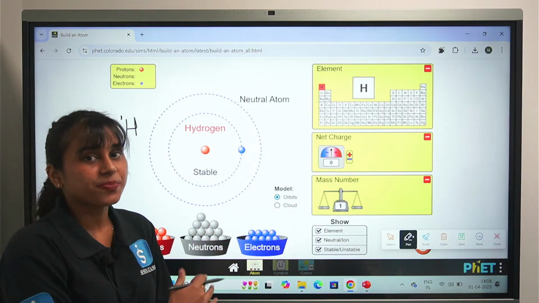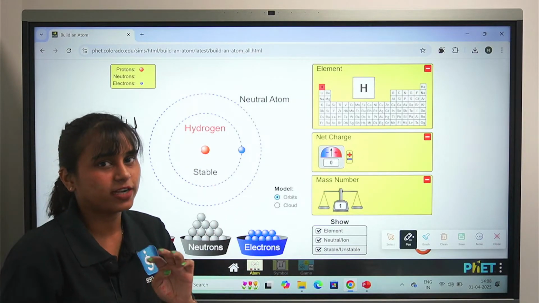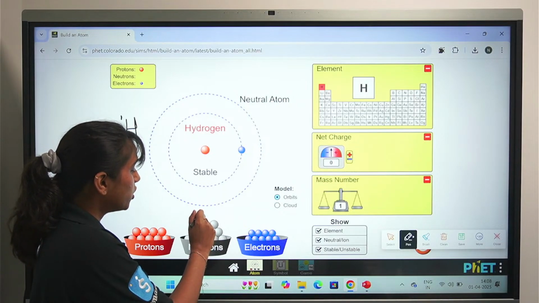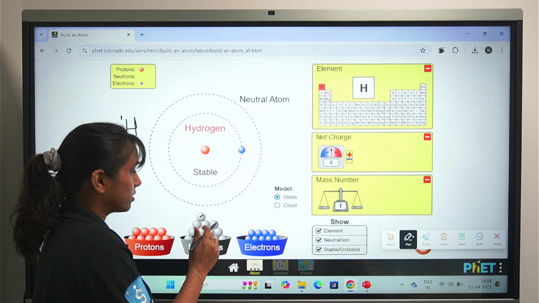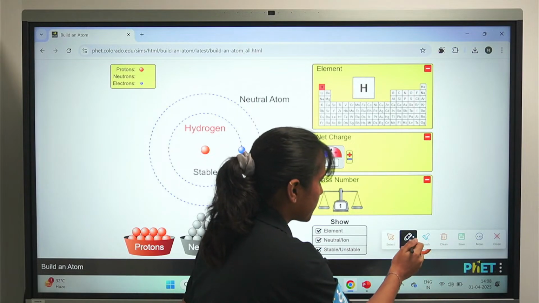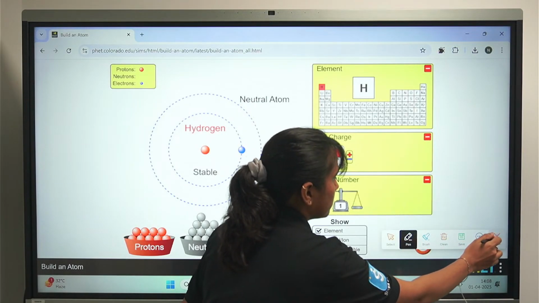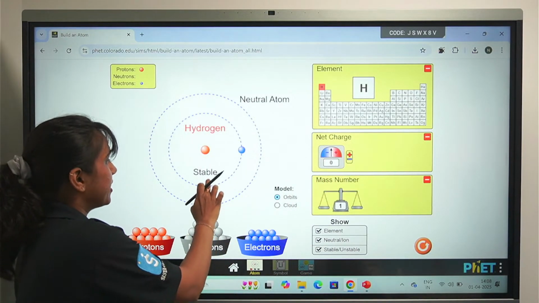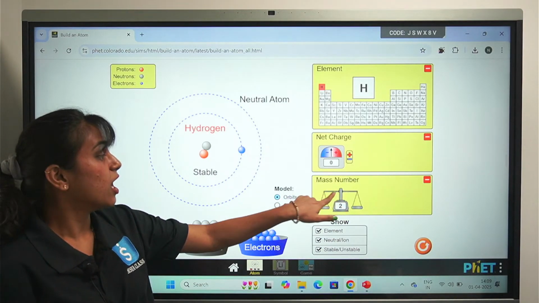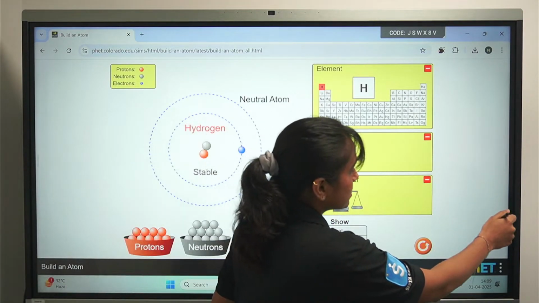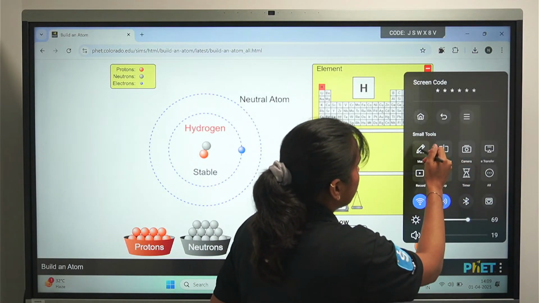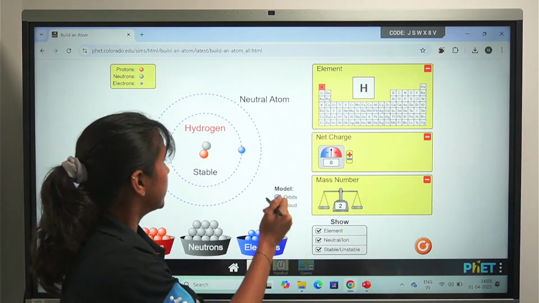Now let's say there are 3 isotopes of hydrogen. Let's say I am adding 1 neutron. Now the mass number becomes 2, isn't it?